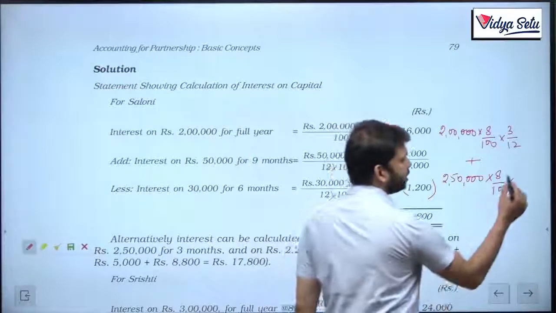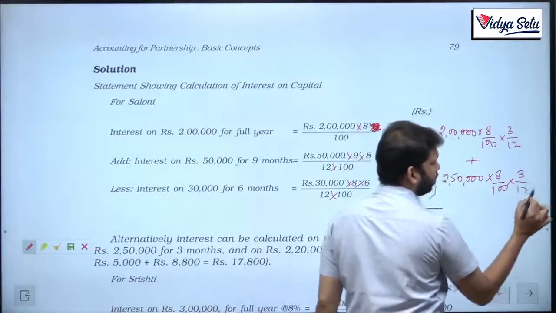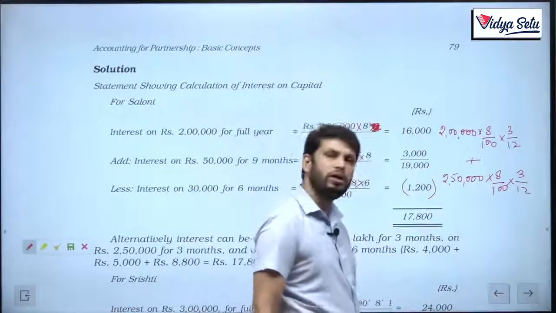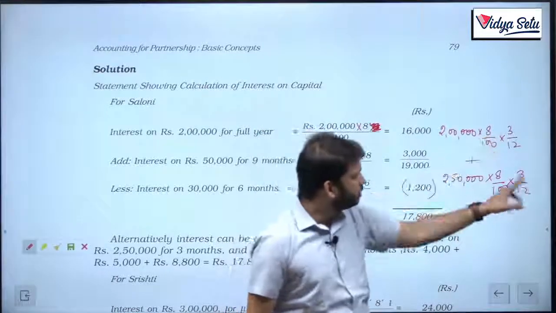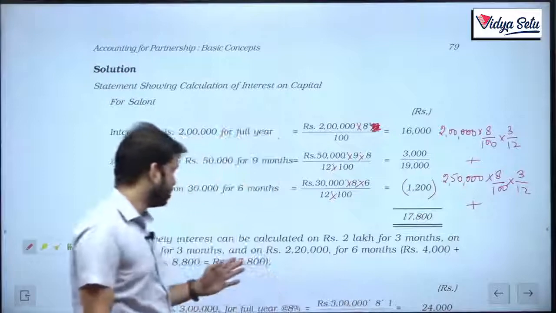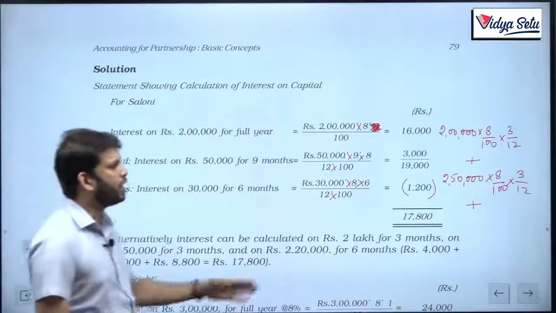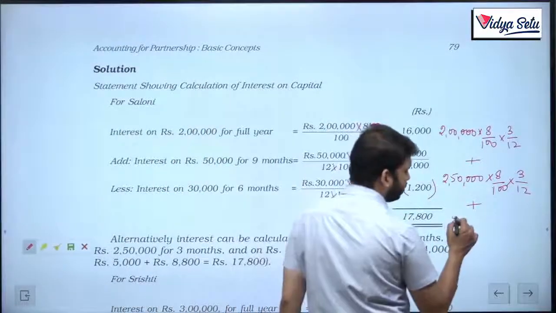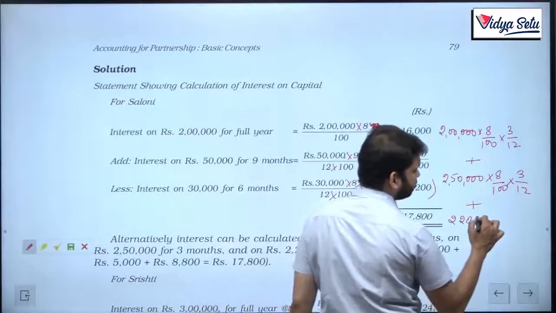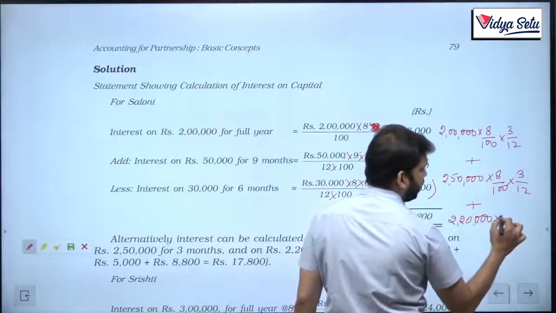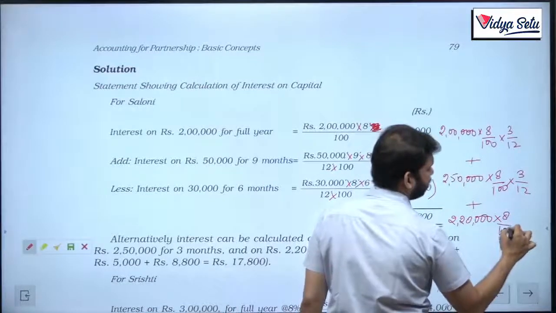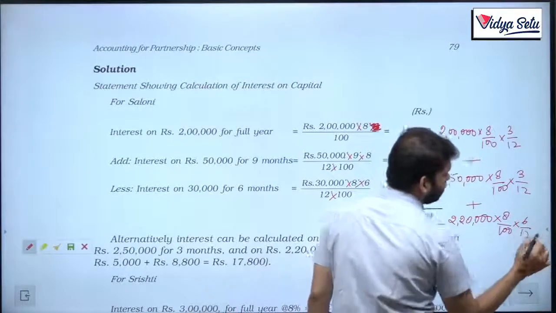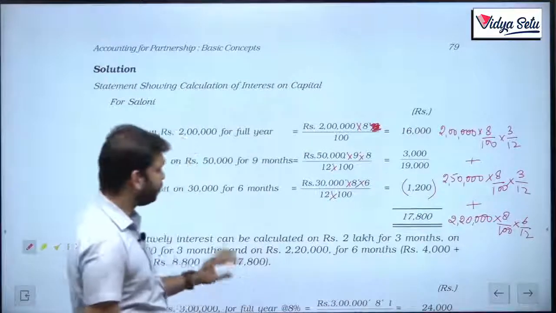So we will get interest for 3 months on 2,50,000. Then on 1st of October, he withdrew 30,000, so the capital reduced to 2,20,000. And this remained throughout the year till the end. So 8% for 6 months. If you solve this, the answer will still be the same.